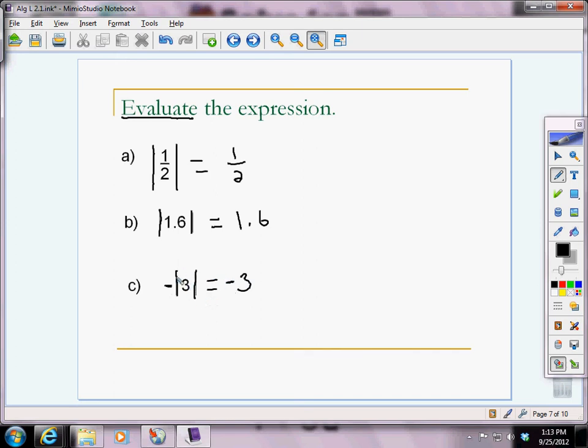So do what's on the inside. If you had negative absolute value of a negative 3, again, do what's on the inside first. Do the absolute values first. What is the absolute value of negative 3? Well, it's 3. You do have to put the negative on.